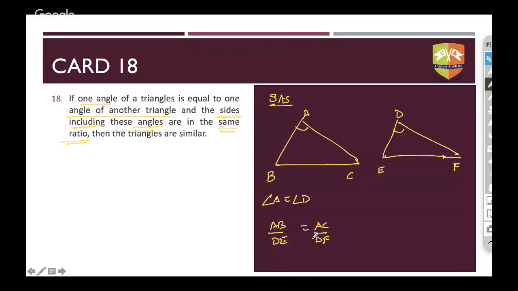If this happens, then we say that triangle ABC is similar to triangle DEF. This is nothing but SAS similarity.